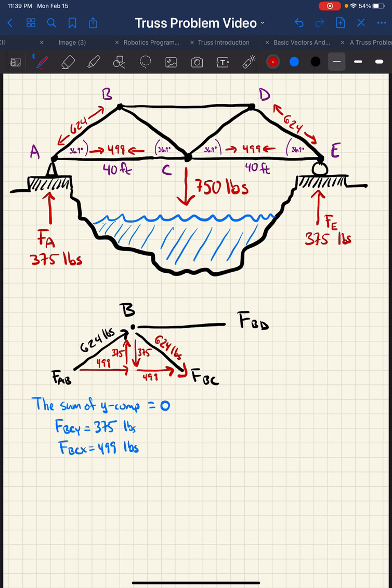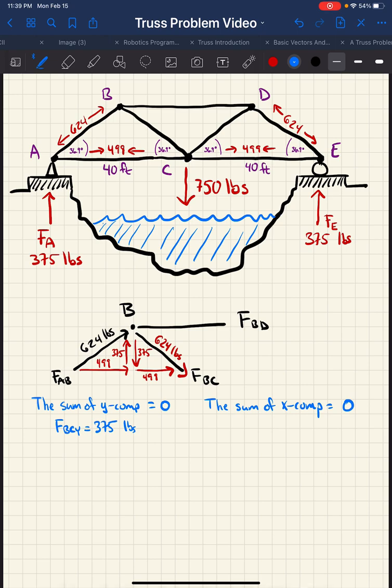Now, because the sum of the x components is 0, again, it's in static equilibrium. So if we add up all the x components acting on it, we get a sum of 0.